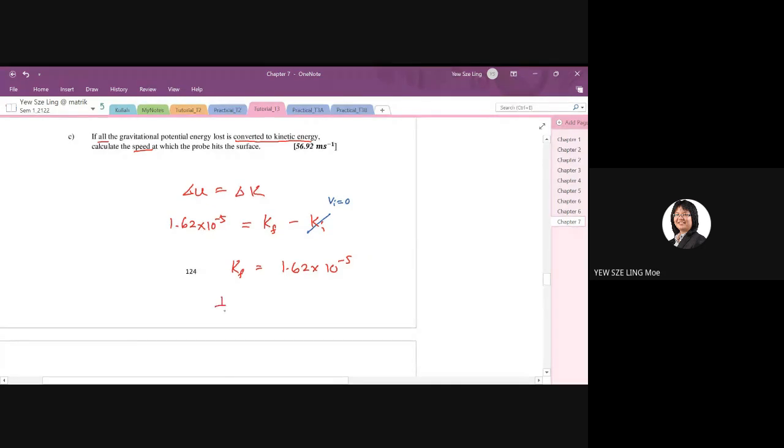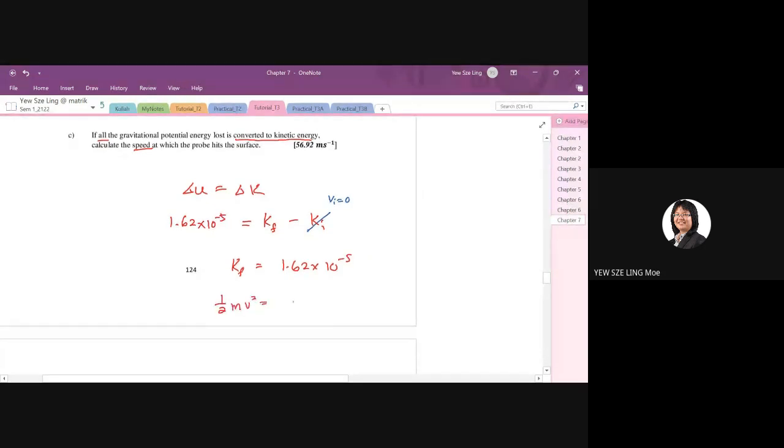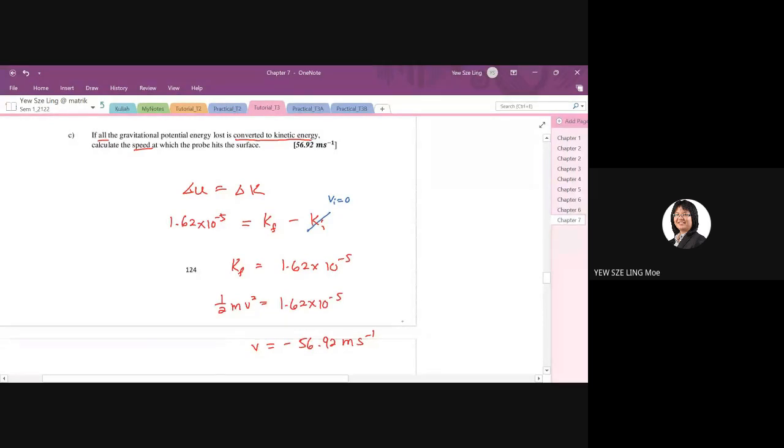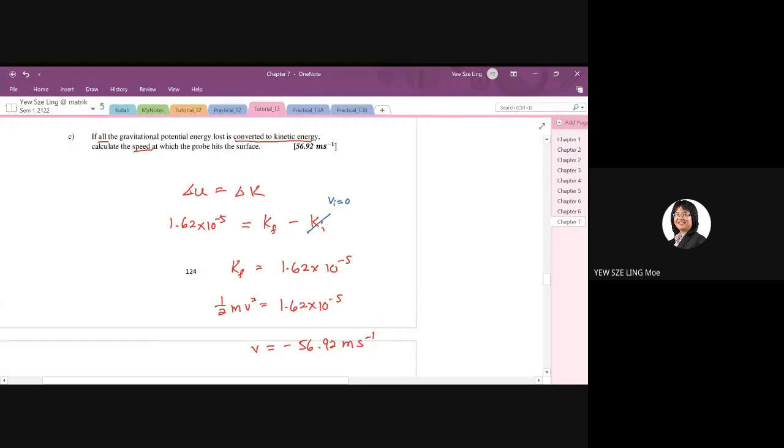So 1 over 2 m v squared equals 1.62 times 10 to the power of negative 5. Plug in all the values and you will get v equals negative 56.92 m s negative 1. Why negative? Because it's dropping, so of course the direction is pointing downwards. But if you look at the question once again, it's asking for speed. Therefore, you rewrite the answer.